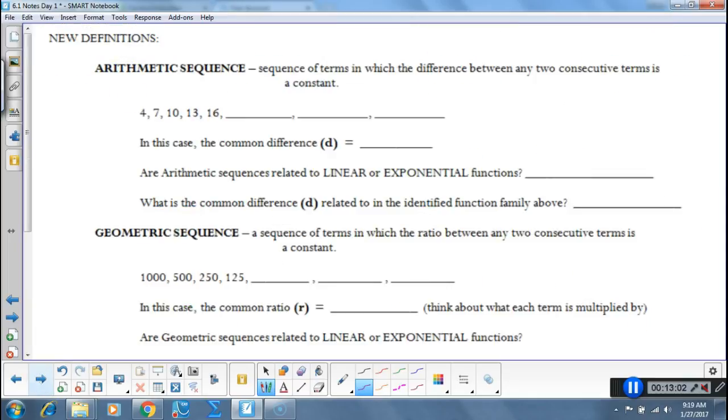So, new definitions. An arithmetic sequence. Okay? We're going to be talking sequences and series. And the difference between the word sequence and series is simply what you're doing with it. A sequence gives you the list of terms.